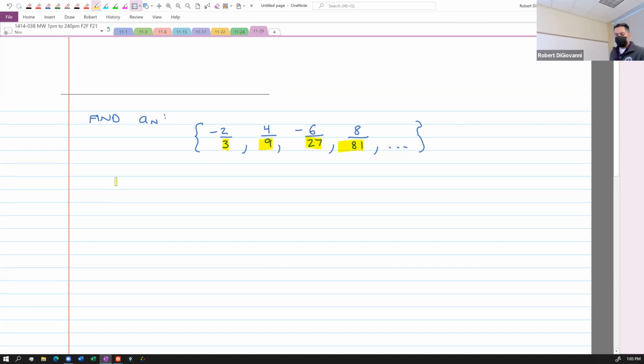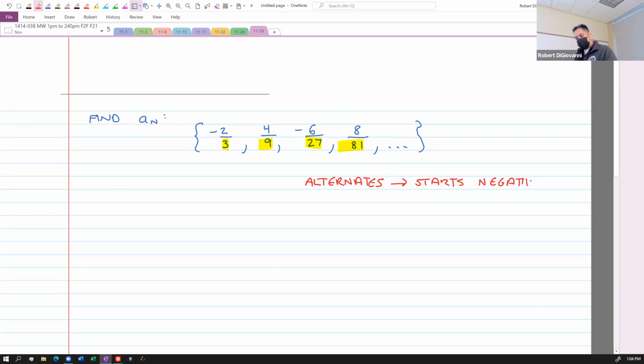The signs are alternating, and we know how to make that happen. We're going to do a -1 raised to something. It alternates, and it starts negative, so we'll have to address that. What else do you see?